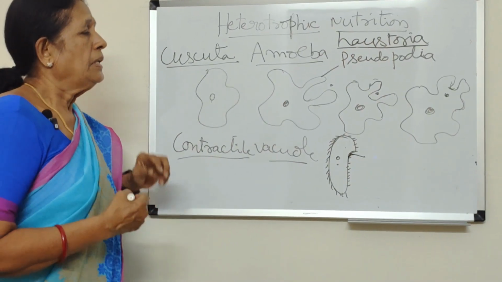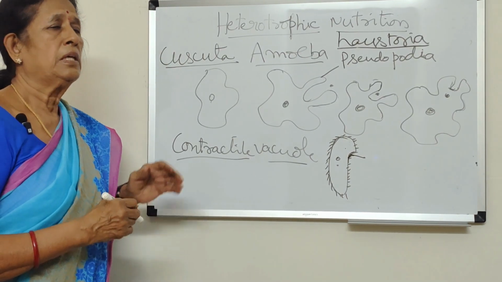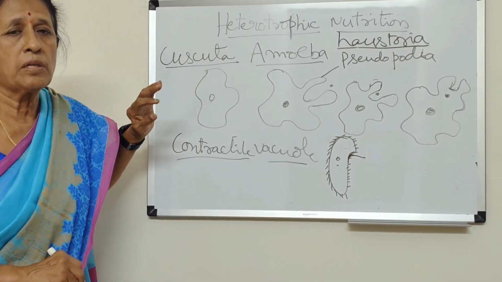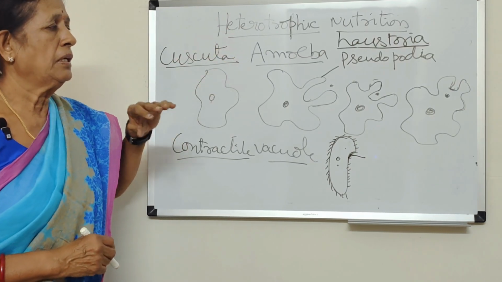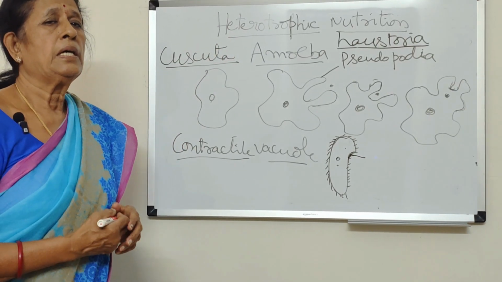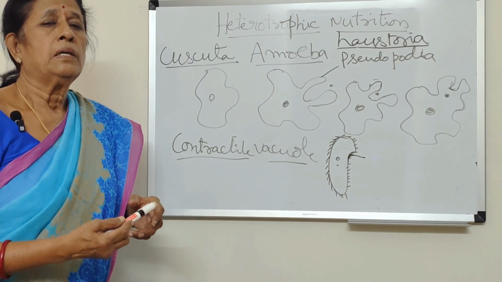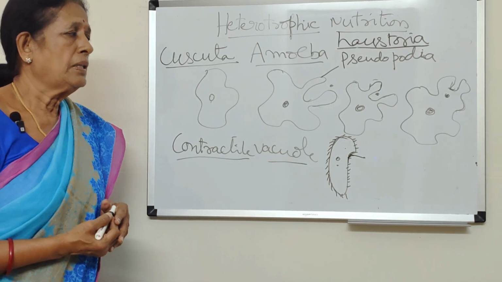So in this way, in plants also we can see different types of nutrition, and this is a heterotrophic type of nutrition. That is, they are not able to synthesize the food material. They depend on plants directly or on other animals for their food.